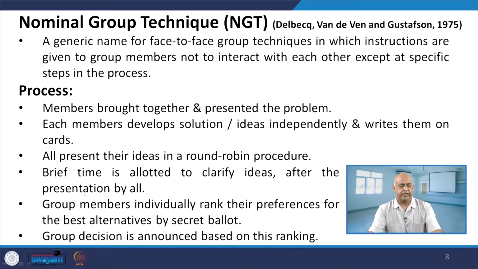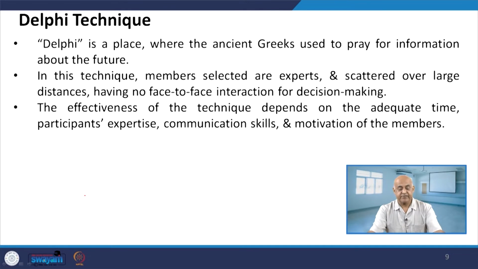Each group will have ideas for a common problem that is given, they will make presentations, which will be evaluated, and then it will be checked whether the solution is possible or not. Delphi is a place where the ancient Greeks used to pray for information about the future. In this technique, the members selected are experts scattered over large distances, having no face to face interaction for decision making, while in the earlier technique we saw it was a face to face discussion.